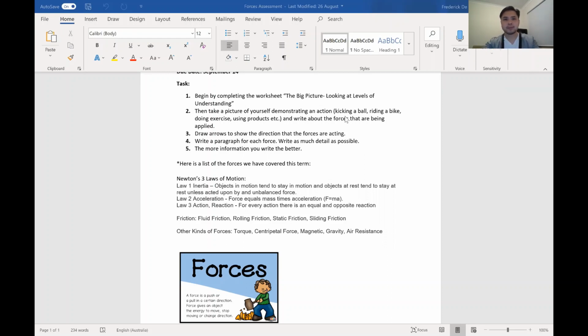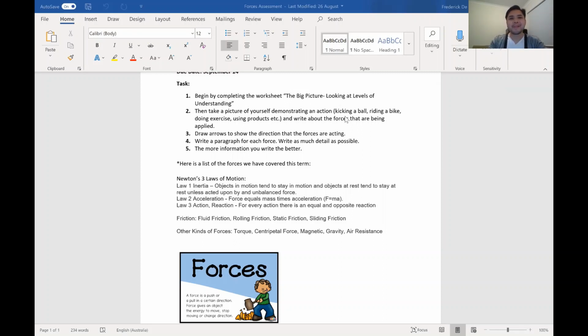Okay, so take a picture or a video of yourself doing something and pretty much write about all the forces that are in play there, okay? And just like before, draw arrows to show the direction that the forces are acting, okay? So if you take a picture of yourself running forward, you know, have an arrow of you running. You know what I mean, yeah?